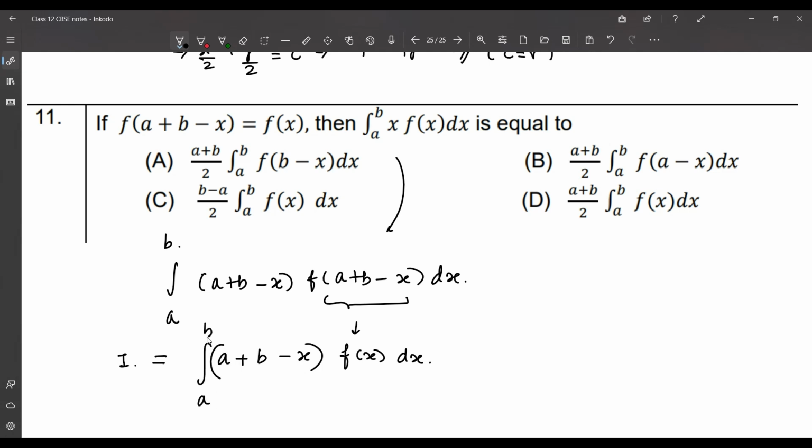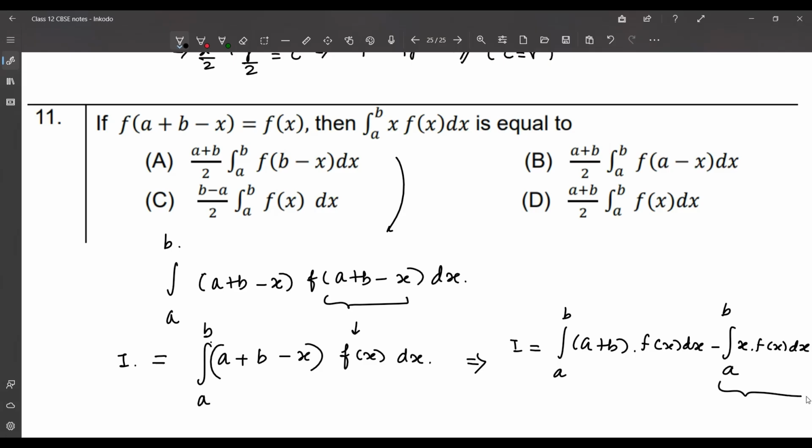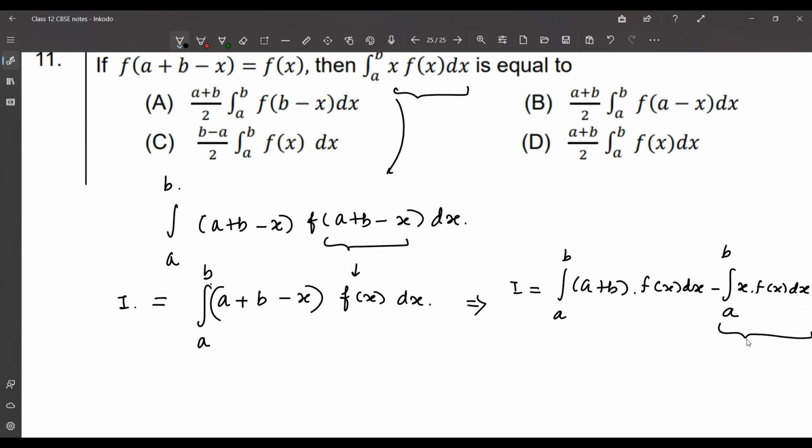So this can be written as I is equal to integration of a to b, a plus b into f of x dx minus integration x into f of x dx between the limits a to b. If you observe, this is nothing but the original integration, right? Original I. So this is I, this is minus I rather.